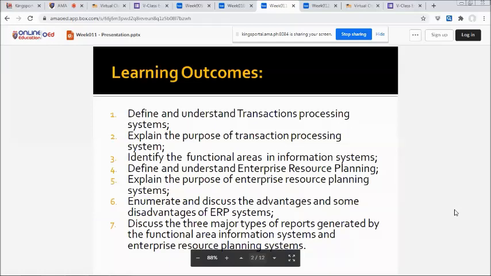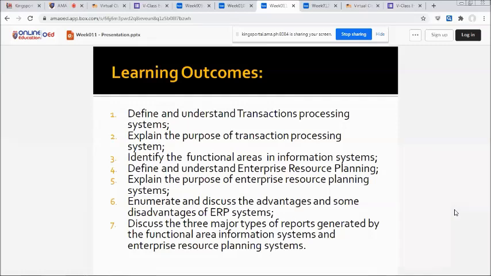So the learning outcomes. First, at the end of the lesson, you are expected to define and understand transaction processing systems. Second, explain the purpose of transaction processing system. Third, identify the functional areas in information systems. Fourth, define and understand enterprise resource planning.